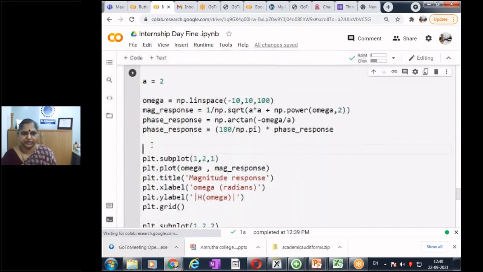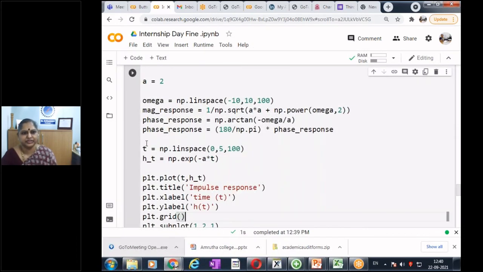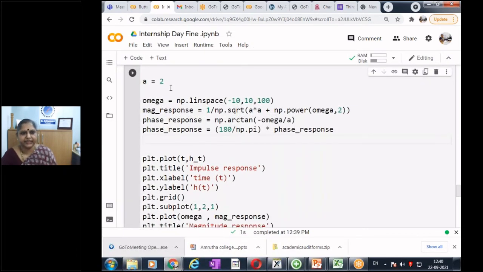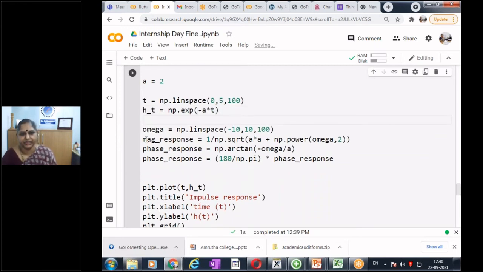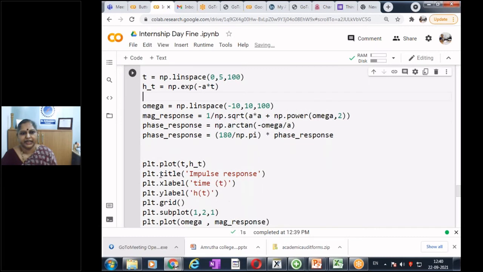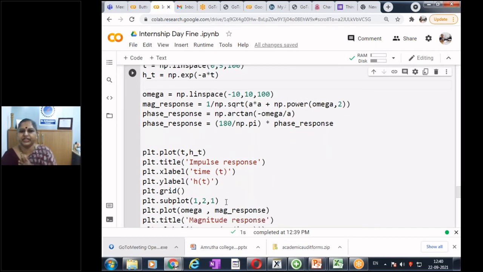Let us put, so this is my T, and I define my T and H of T. I have defined my omega, I define my H of this. I have plot. Now what should I put? I want three curves, one beside the other. What should I put here? Subplot 1, I want impulse response, the magnitude response, the phase response, all one beside the other.